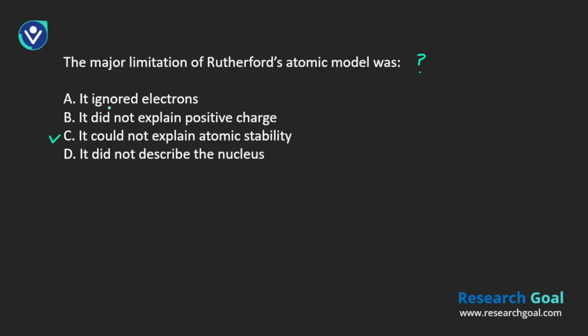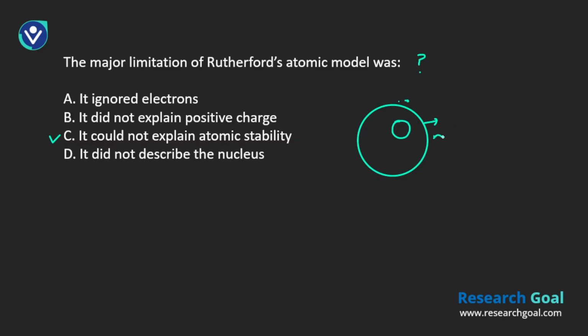I hope you have selected the correct one. It could not explain atomic stability. He was not able to explain why this particular system is stable, as per his model, which clearly mentioned that an atom has a dense charged nucleus, and electrons revolve around the nucleus like this. Now, a charged particle in circular motion should emit radiation. That was already understood by classical electromagnetic theory.